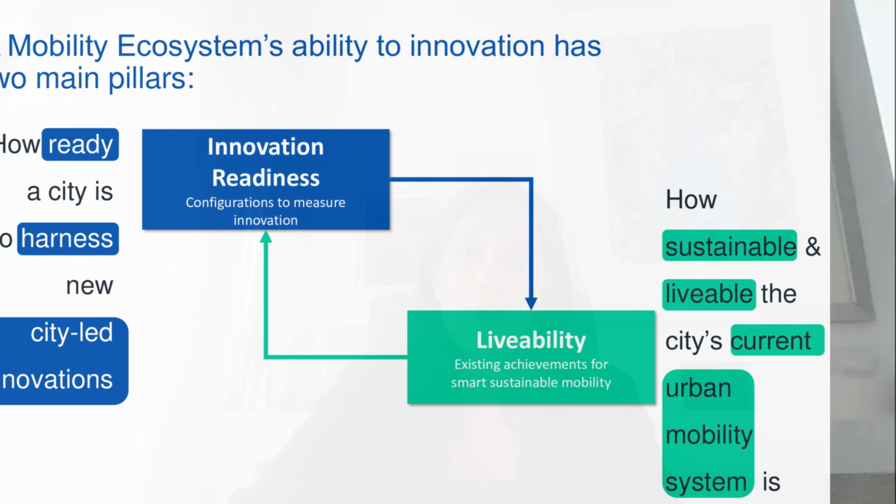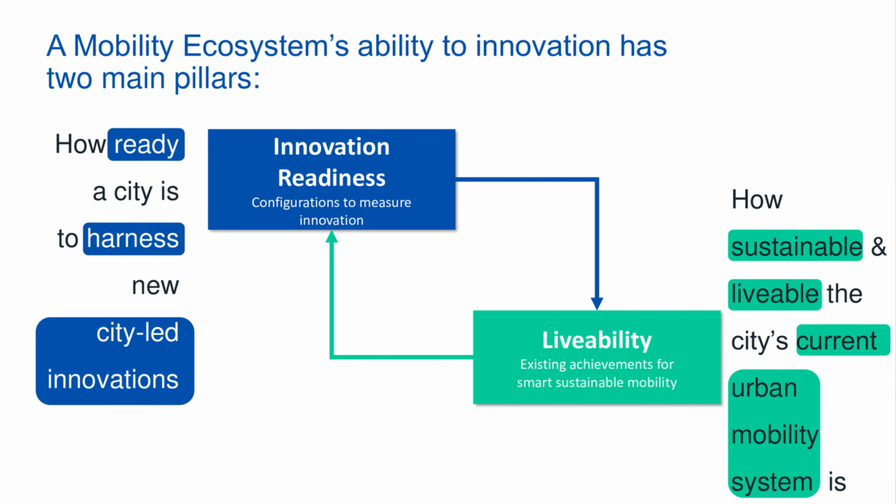For designing an innovative and adaptive urban mobility ecosystem, two are the main aspects that every city planner should take into consideration. First, to capture the city's readiness and ability in harnessing new city-led innovation, identifying which are those main elements that affect the city's ability to innovate and which are the city's main weak points where a proactive policy action might be needed.